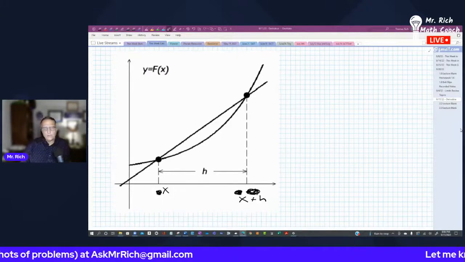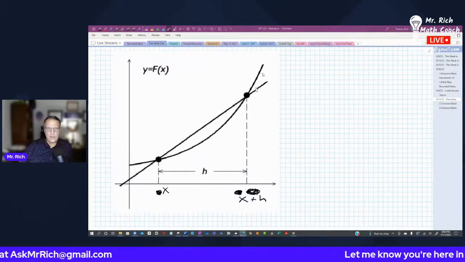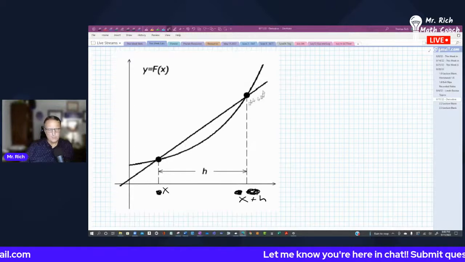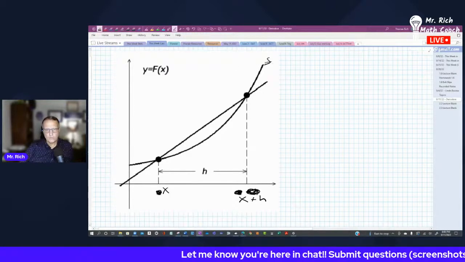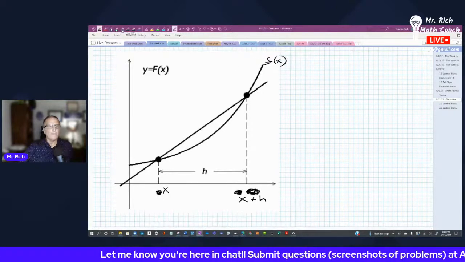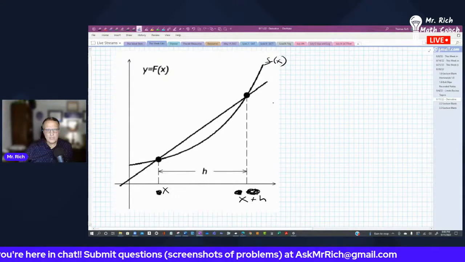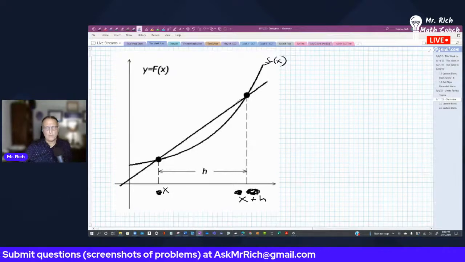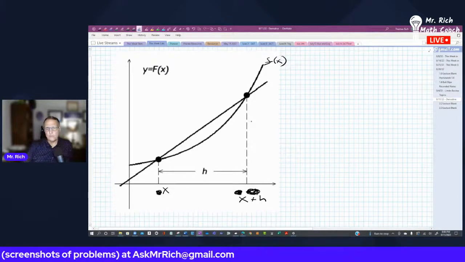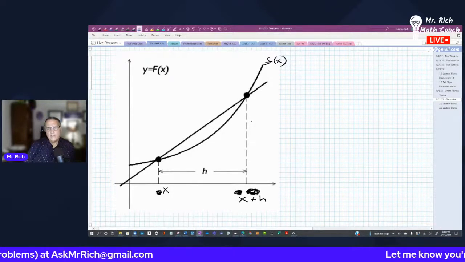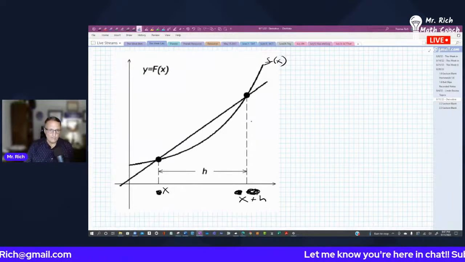Here is a random function f of x, and this curved line is the f of x function. I've drawn what we call a secant line that passes through 2 points on that function. I want to write an equation for the slope of that secant line.